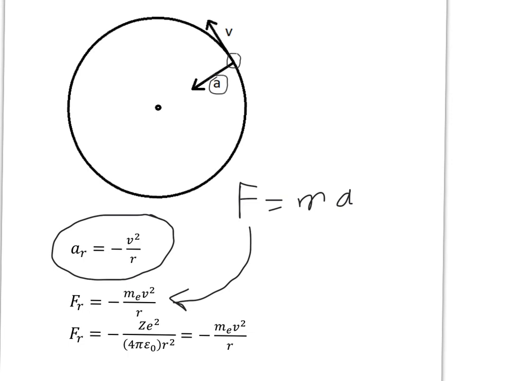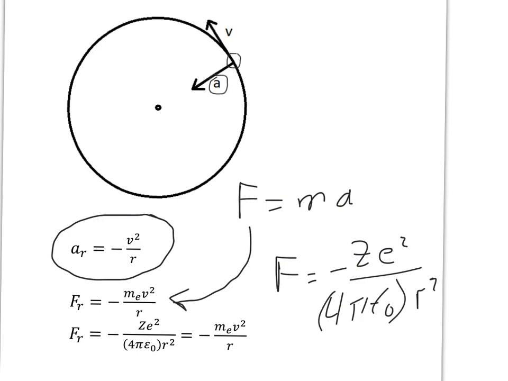From before, we had that with this particular potential, the force was given by minus Z e squared over 4 pi epsilon naught r squared.